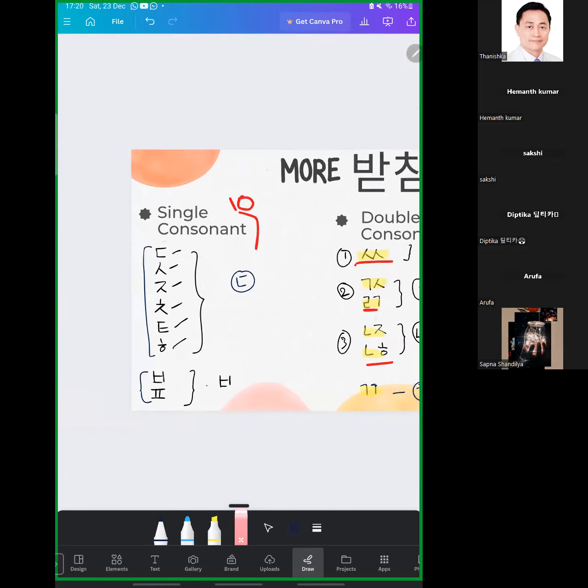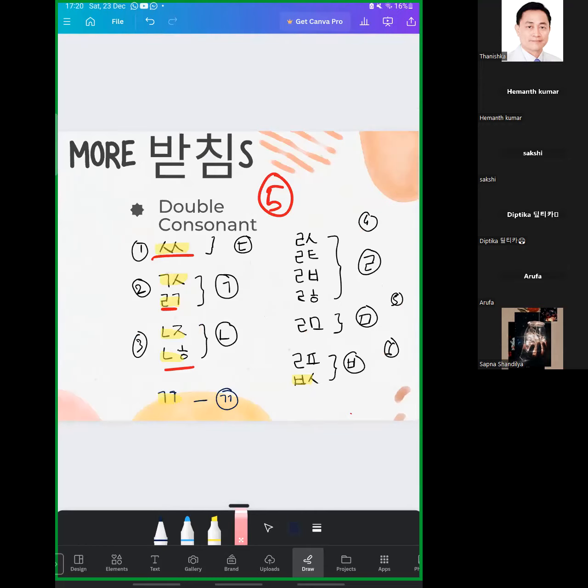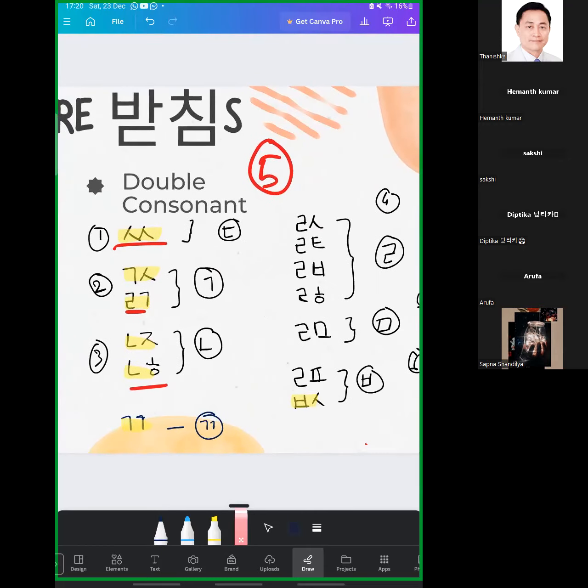And then here we have some double consonants. The final consonant is not necessarily always a single letter. It can also be double letters. So these will be written somewhat like this or this. Both these letters can come in the final consonant.